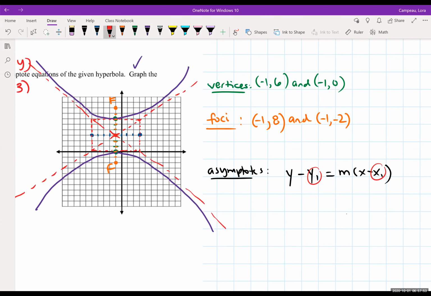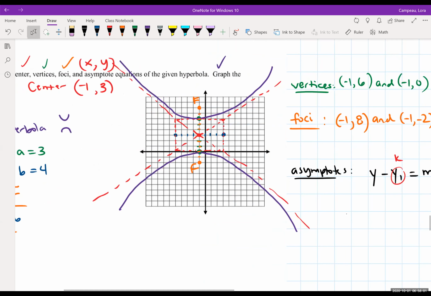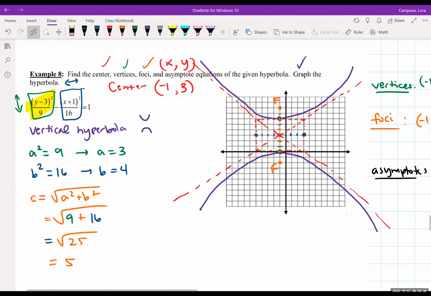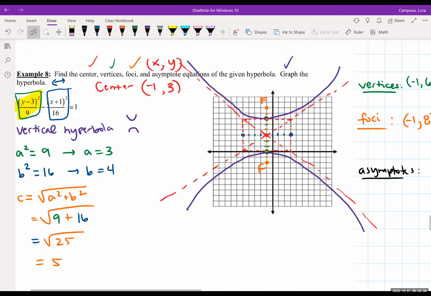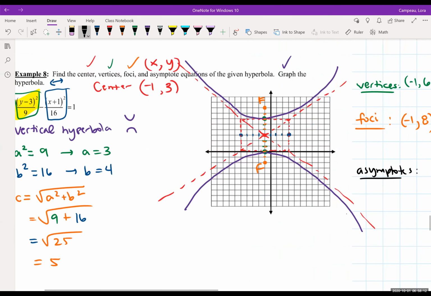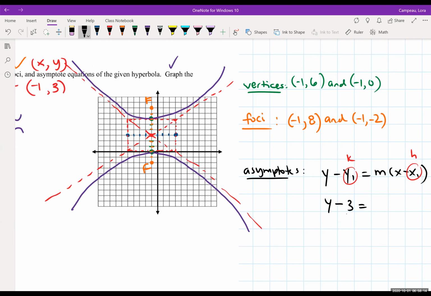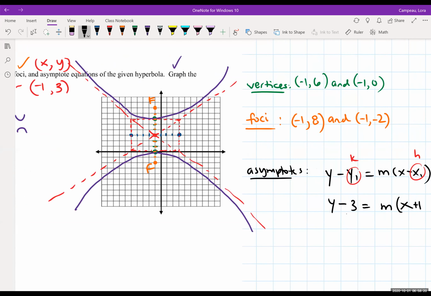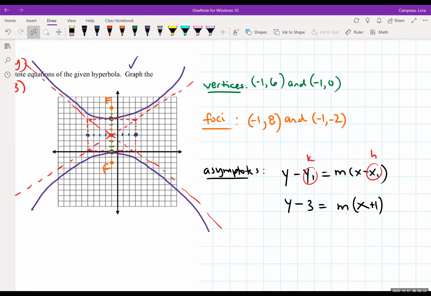So there's less to memorize here. We have the h always associated with the x, the k associated with the y. And essentially, if you look at your hyperbola equation, you just copy what you see before it's squared. So we should have y minus 3 equals the slope times x, what was the equation? x plus 1. No squares, because we're just talking about equations of lines.